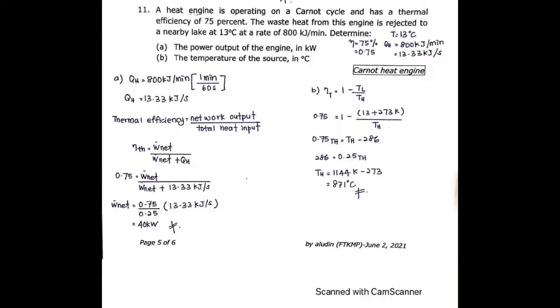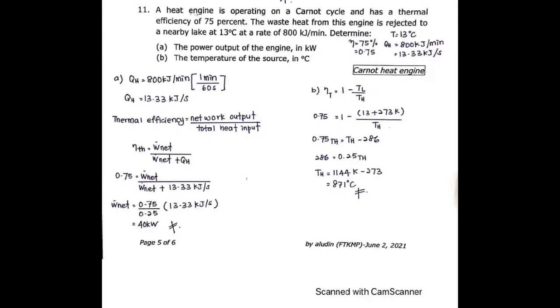Determine the power output of the engine in kilowatt. So QL equal 800 kilojoule per minute. So we convert to kilojoule per second. Then the answer is 13.33 kilojoule per second. Question A asks the power output of the engine in kilowatt.